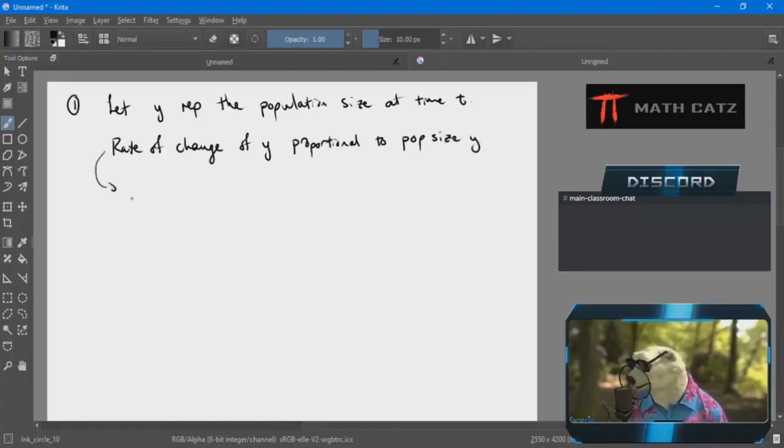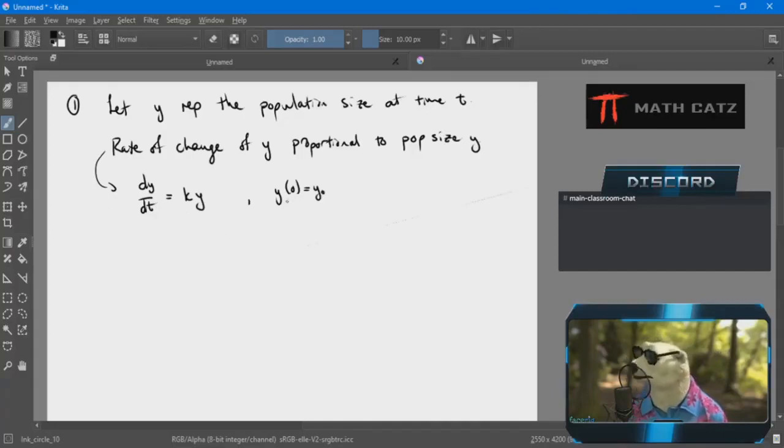This sentence then translates to our differential equation. The rate of change is some constant times the actual population size y, and I have some initial population size to start with.